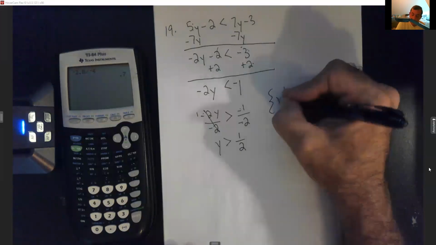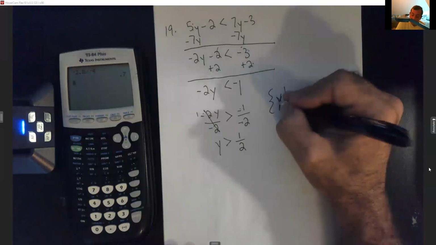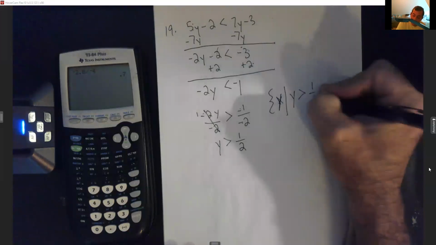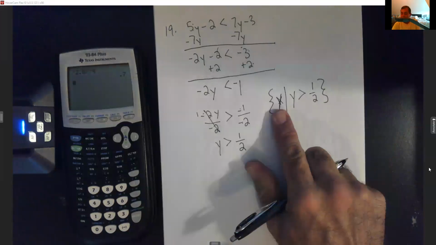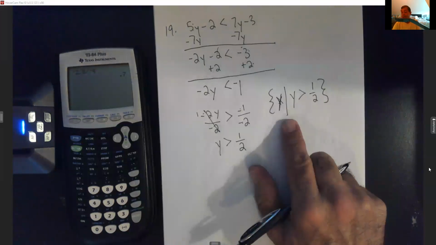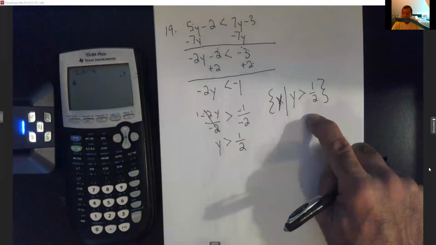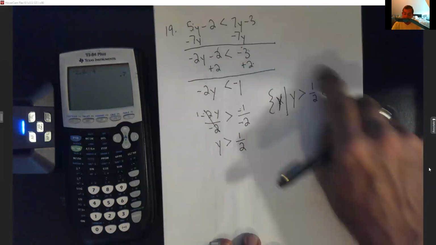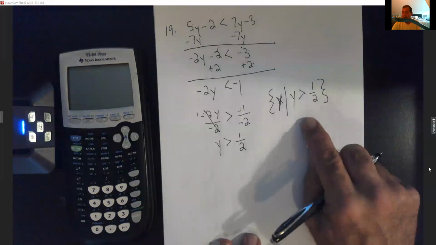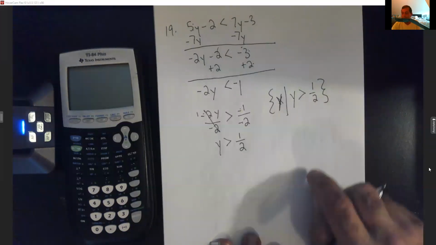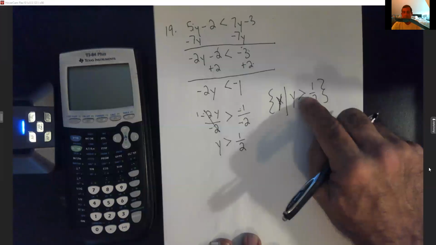So y such that y is greater than 1/2. So this set builder notation, you just tell what the variable is. The bar means such that, and then you put your answer in here. MyMathLab gives you like 4 choices by changing those. It'll put a less than or equals, greater than or equals. Just make sure you pick the right one for that, okay?